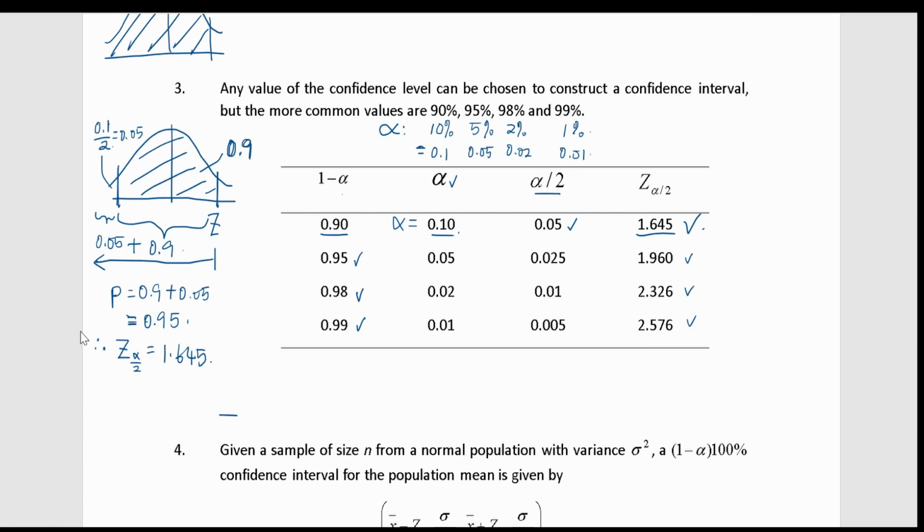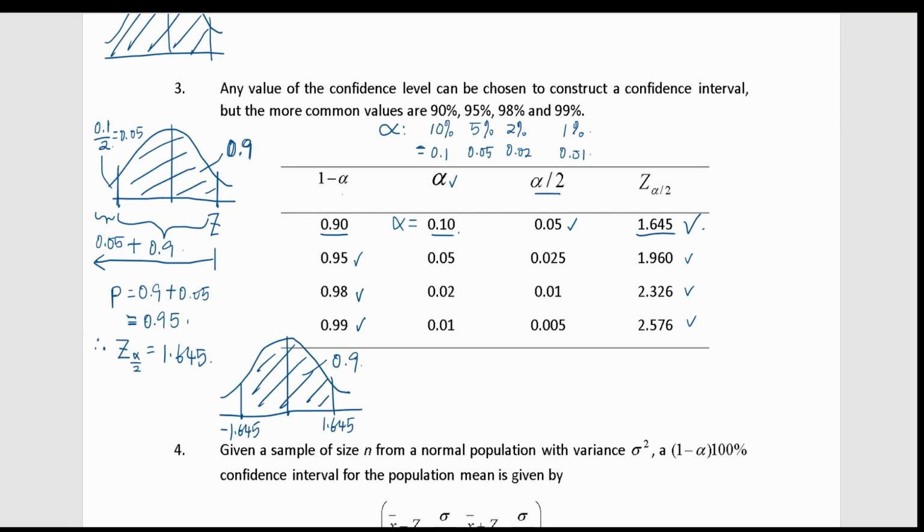So for a 90% confidence interval, the corresponding z-score values are 1.645 and negative 1.645, giving an area or probability of 0.9 bounded symmetrically in the middle of the bell-shaped curve.